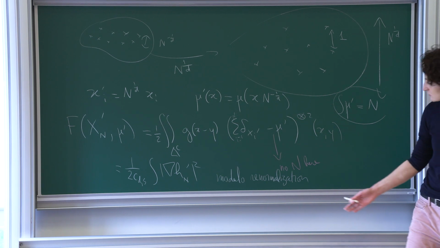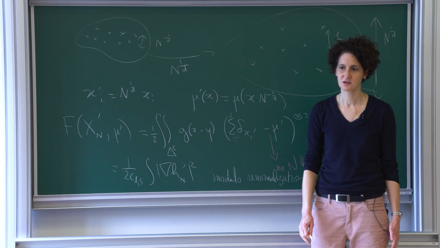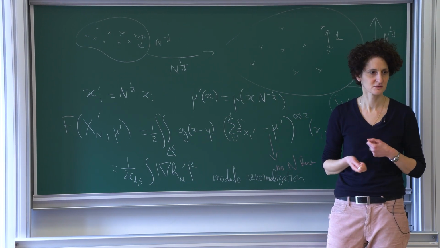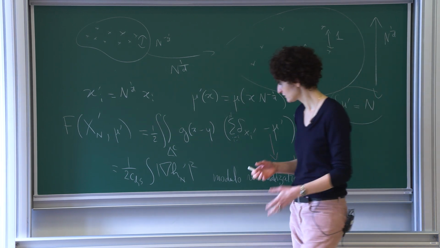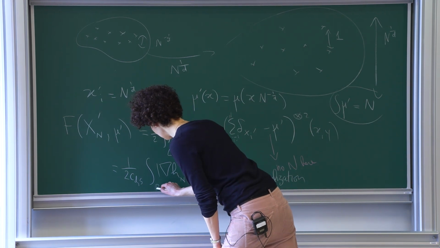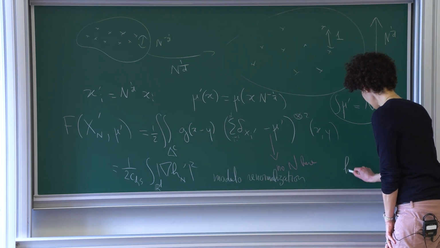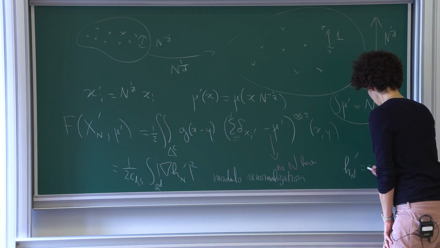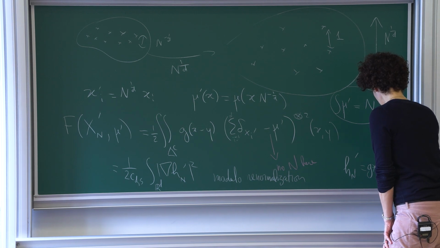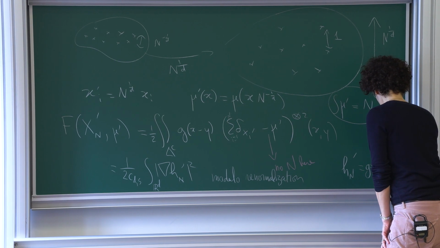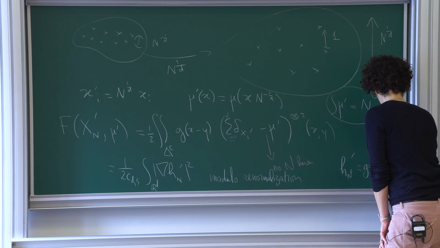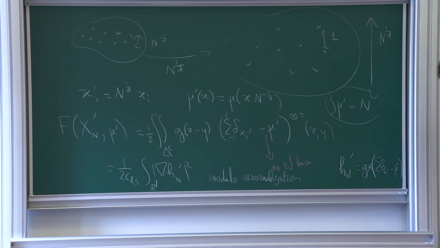So every time I write an integral of grad h squared, it means renormalized. But we don't have to carry this notation all the time. Okay, so this is the integral over R^d. And what is Hn prime? It's the convolution. It's the potential generated by the blown up charges.